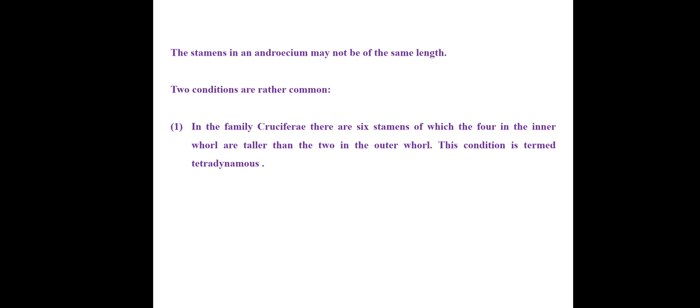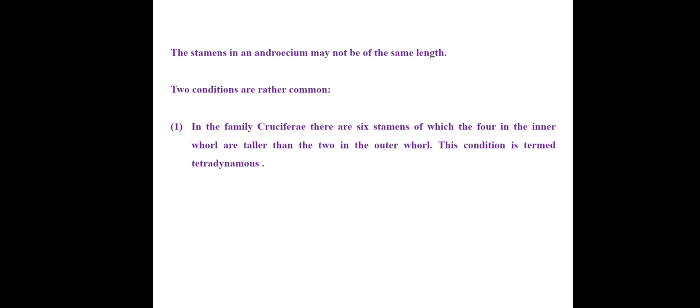The stamens in an androecium may not be of the same length. This is another characteristic of stamens. Two conditions are rather common. What are those? Let's see. One, in the family Cruciferae, the family of mustard, there are 6 stamens, of which the 4 in the inner whorl are taller than the 2 in the outer whorl.